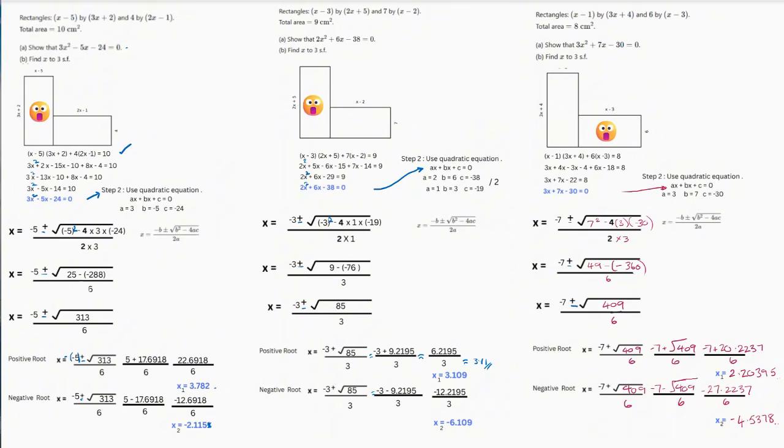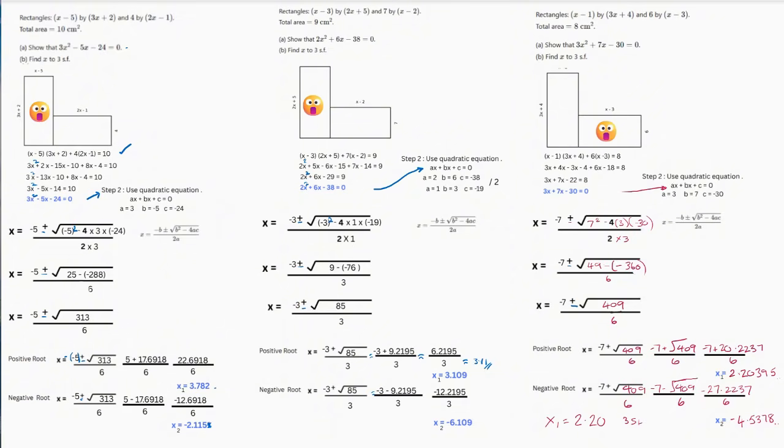So the question says find x to 3 significant figures. Well, I'm going to go with a positive because that meets our constraint. So I'm going to put x1 equals 2.20 to 3 significant figures.